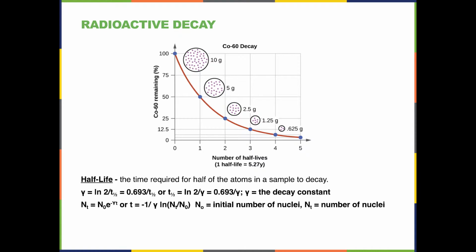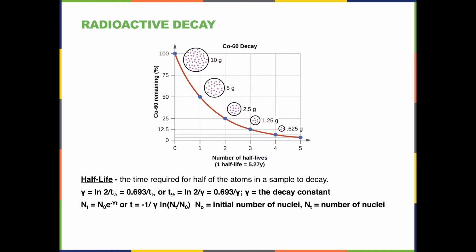Now, the number of molecules remaining at any time t is equal to the number of molecules you start with times e raised to the minus decay constant times t.